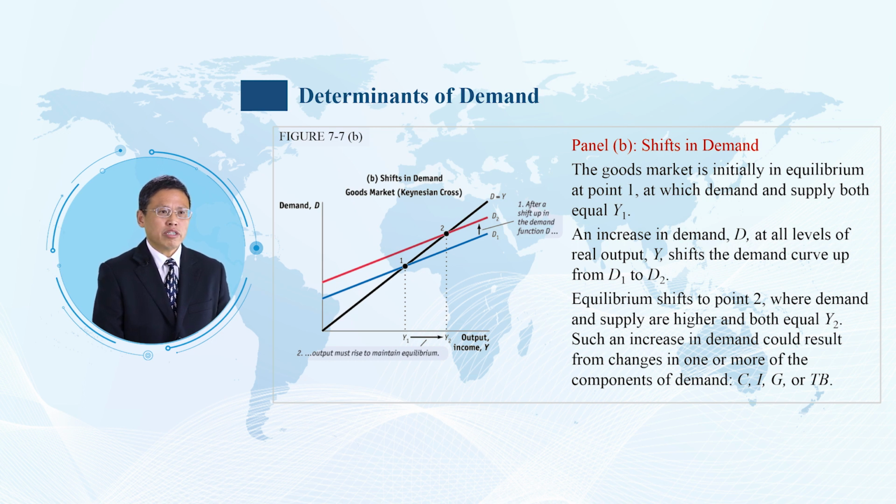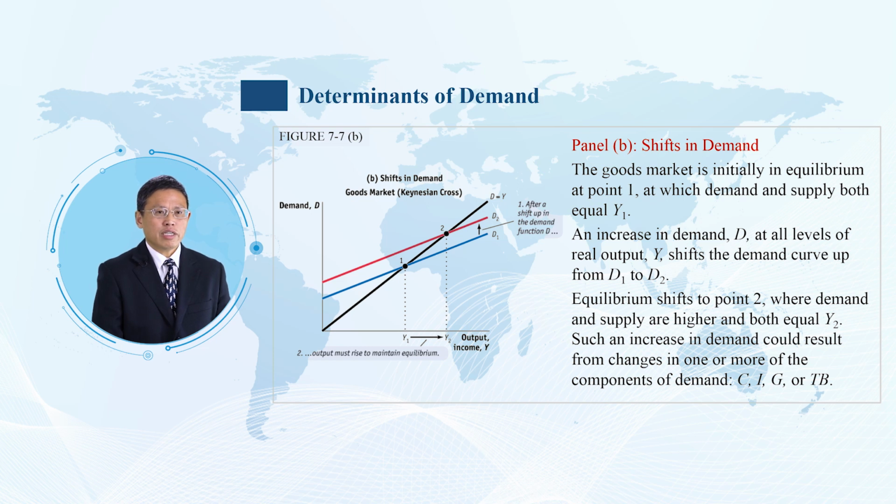More government purchases directly add to the total demand in the economy. This change causes an upward shift in the demand function D, as in Figure 7-7 panel B. Goods market equilibrium shifts from point 1 to point 2, to an output level Y2. The lesson: any exogenous change in G due to changes in the government's budget will cause the demand curve to shift.